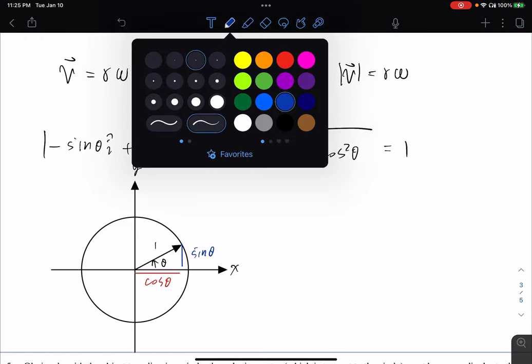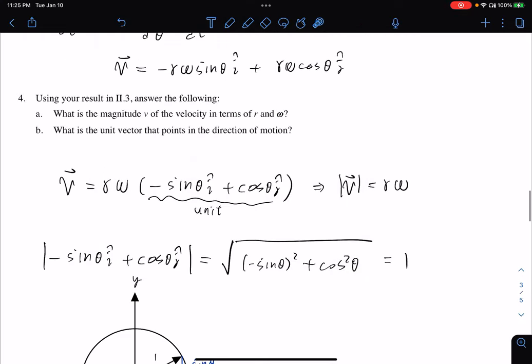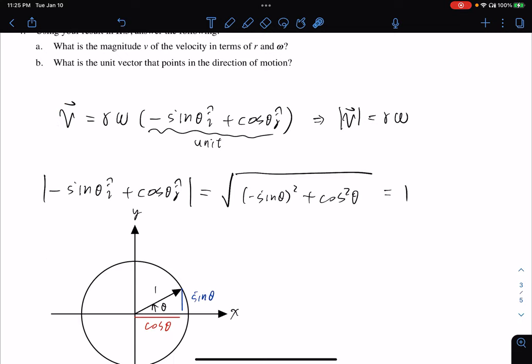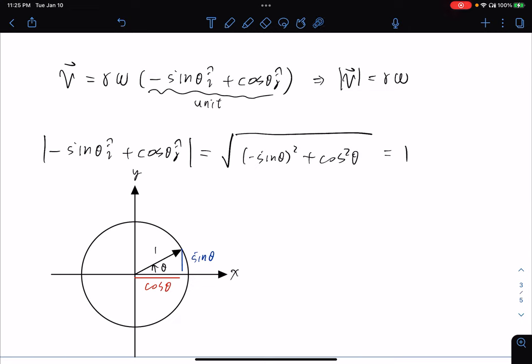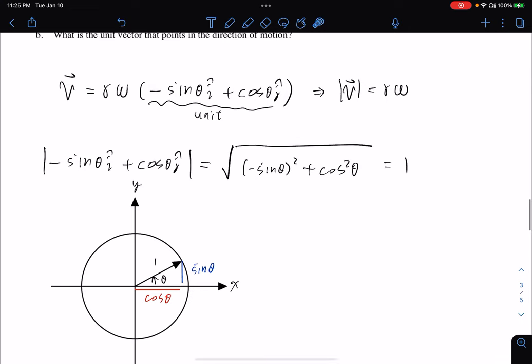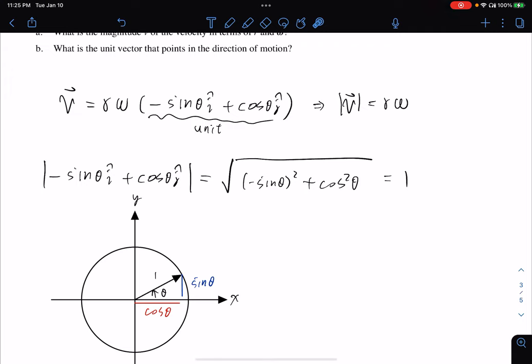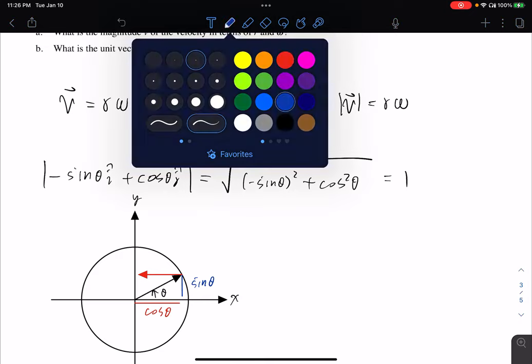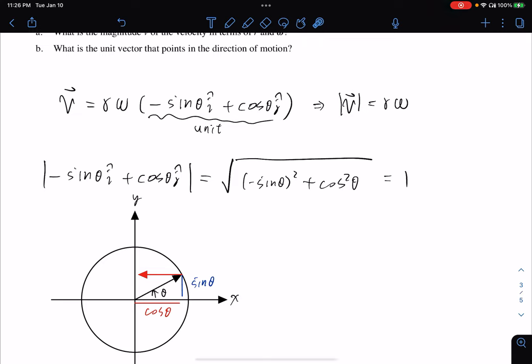Now, the vector representing the direction of velocity has a minus sign for the i component. So the i component needs to be along the x direction, and it is negative, so it means it's going to point left. Let's draw a vector pointing left with the same length as sine theta. So it's about this long. And let's draw another component, which is the j component, with the length cosine theta. Cosine theta; sine is shorter.